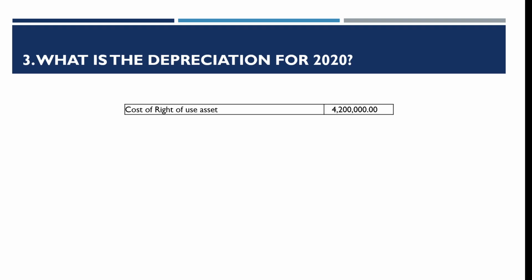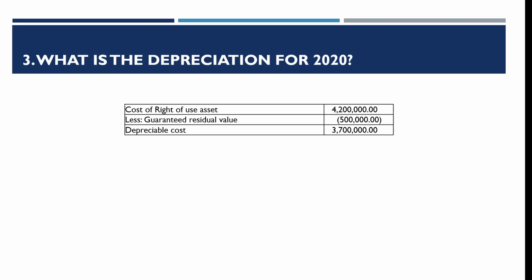Already? Okay. How much is the cost? 4.2 million. Is there any guaranteed residual value? Yes. Magkano yun? 500,000. Uy, wag yung 340,000 na present value, ang ipang-minus niyo dito ay yung absolute amount ng guaranteed residual value.